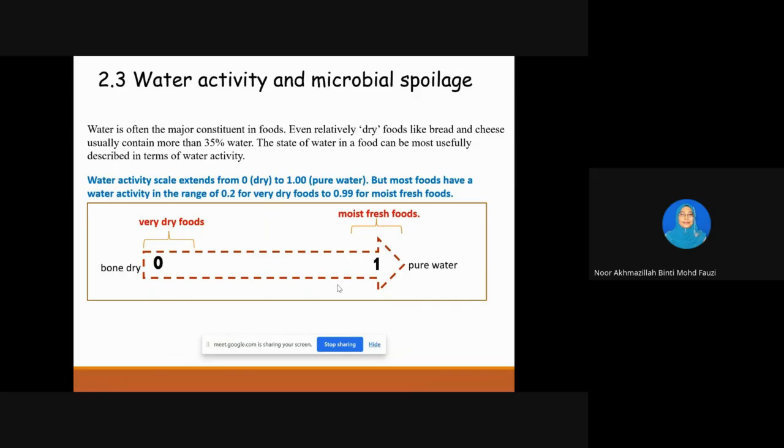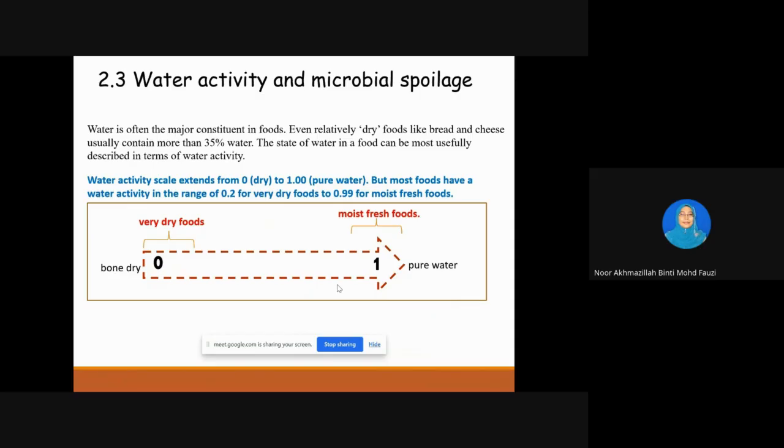So it is important to remember that food contains water, most foods about 70%, and even dry food is considered quite high, normally 35%. In terms of the state of water in food, we usually term it water activity.